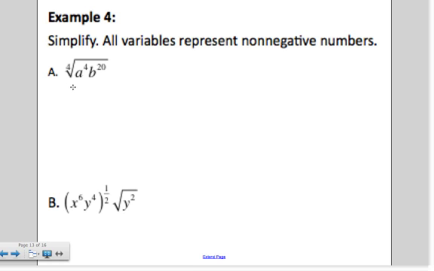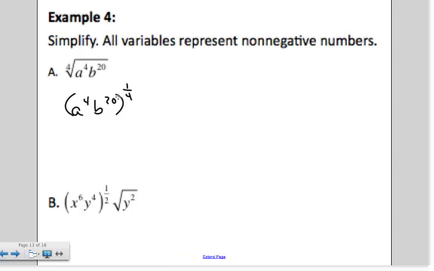So here we have a to the 4th power and the 4th root. Now remember, the fourth root is the same thing as raising it to the 1/4. The reason I'm saying do this is it's so much easier, now it's just an exponent. We can use our exponent rules.